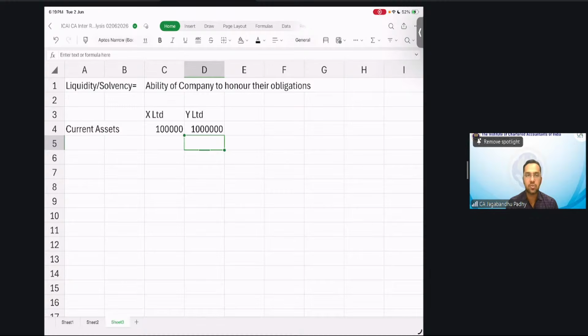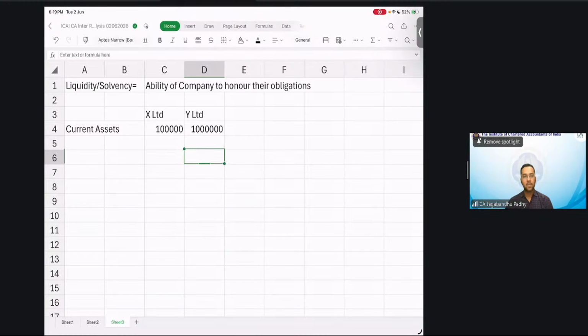What do you feel? Which of these two companies is more capable of honoring its obligations? Which one has a greater ability to honor its obligations?